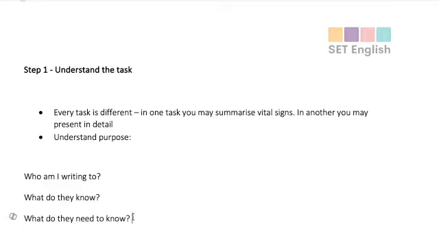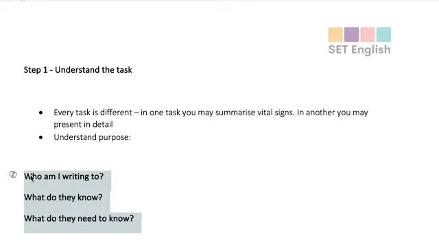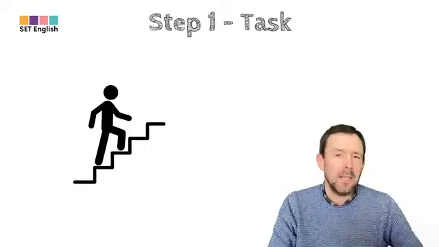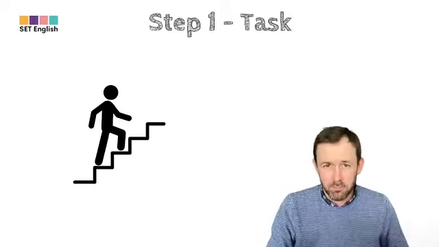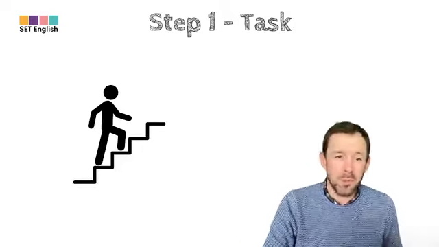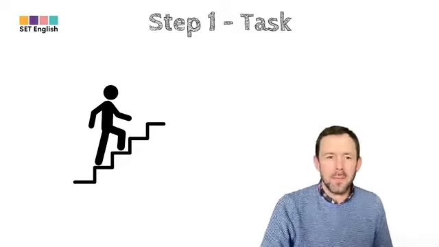If I can answer those questions well, then I can identify which content from the case notes I can summarize and which stuff I need to put in full detail. If I don't do this bit properly, then I'm not going to choose the correct content to summarize. Okay? So understanding the purpose of the task is essential. All right? But that's obviously a very important aspect of all of OET writing.